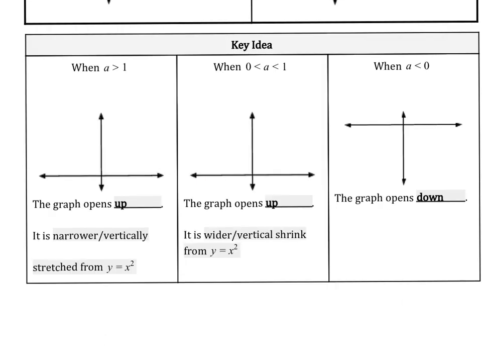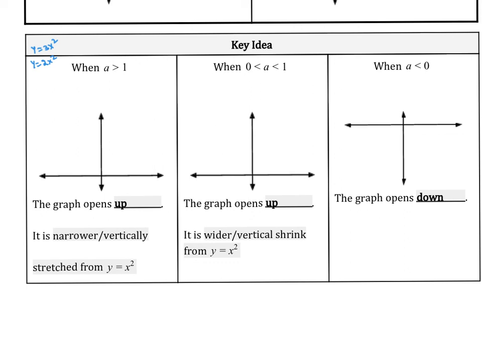Next, we are going to discuss the key idea. Key idea when a is greater than 1. If a is greater than 1, the graph opens up because it's positive. And if a is greater than 1, it means we are talking about something like y equals 2x squared or y equals 3x squared, something like that.